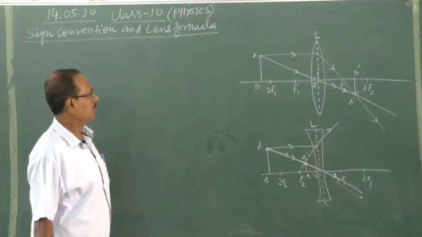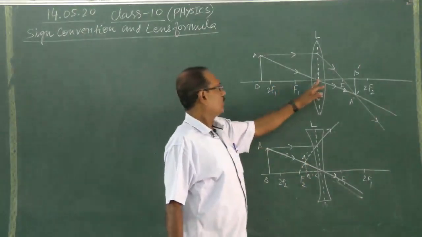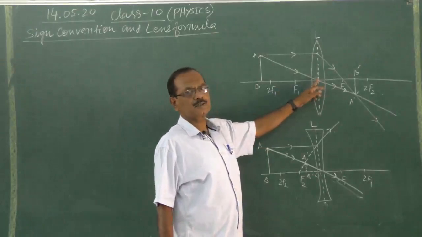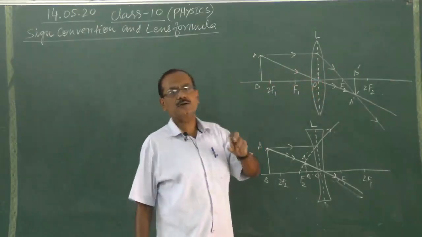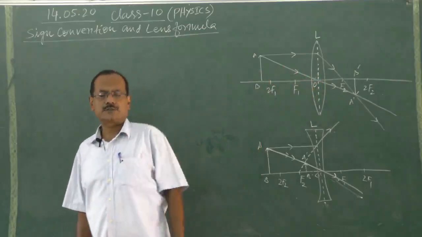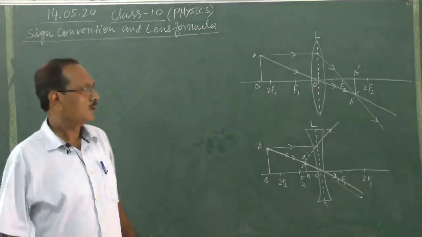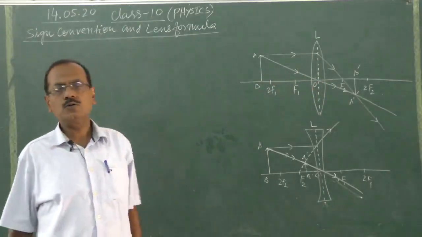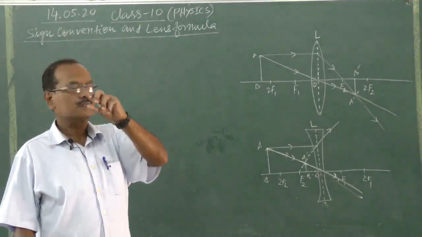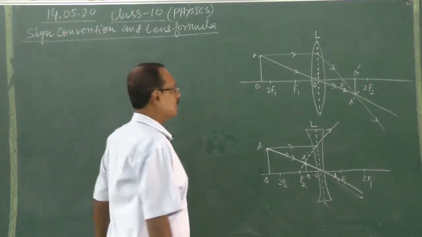Now, optical center is considered as the origin of the coordinate system. Optical center, that is O, is the origin of the coordinate system.